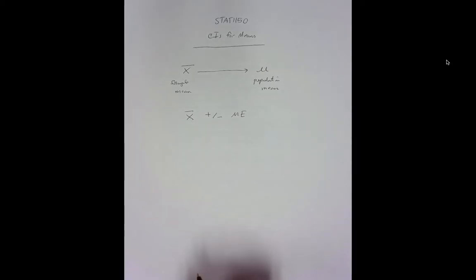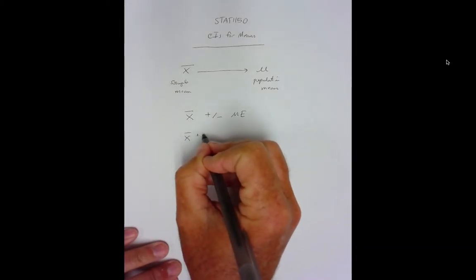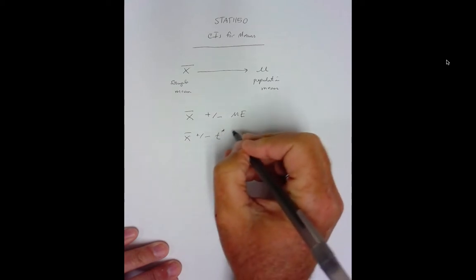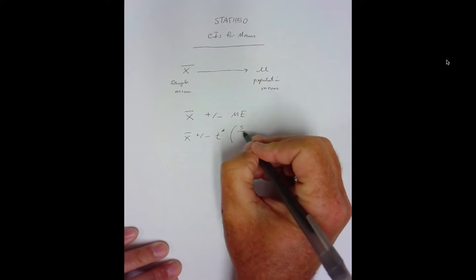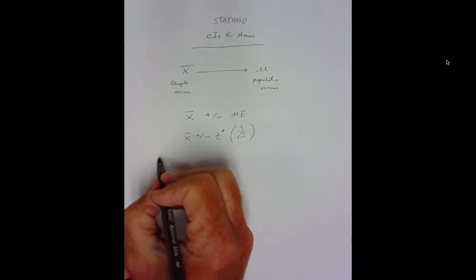So add the margin of error to the right side, subtract the margin of error to get the left side. In symbols, the margin of error is the t critical times the standard error, which is s over the square root of n. Okay? Now, let's create a problem here.